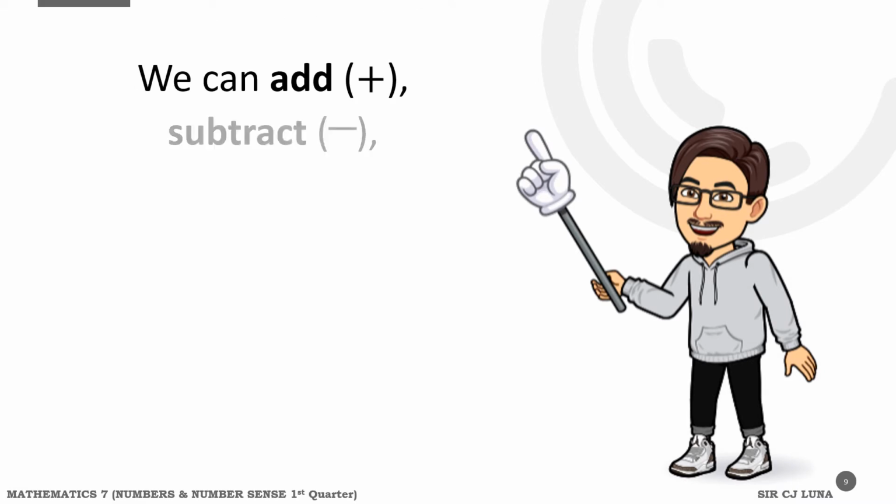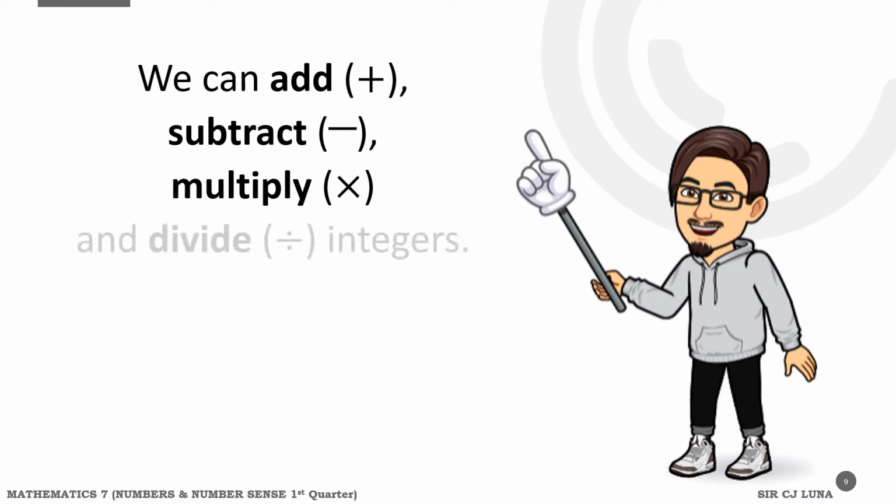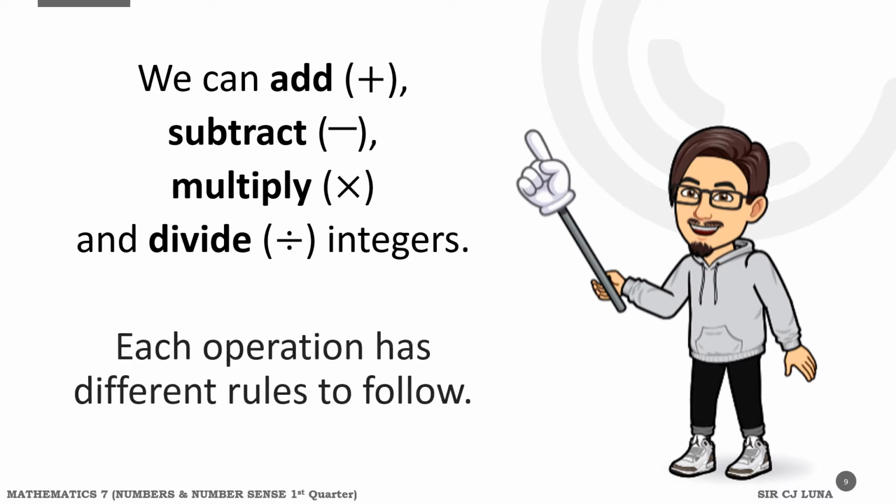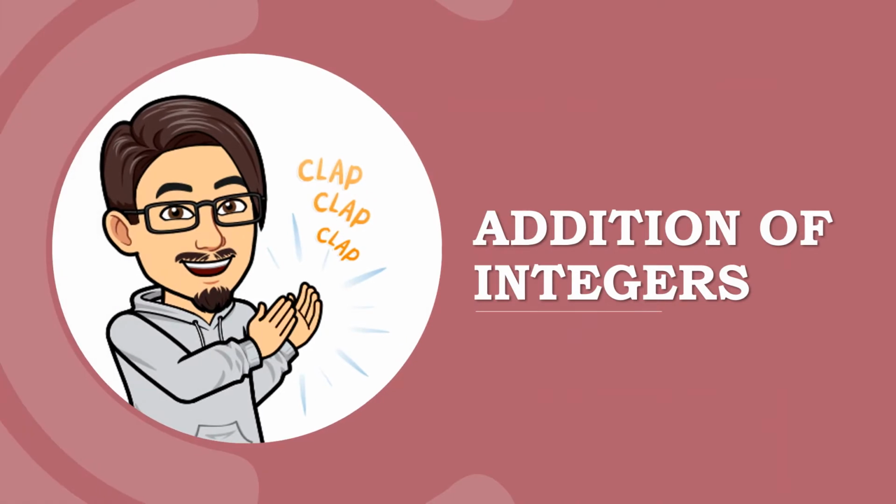We can add, subtract, multiply, and divide integers. Each operation has different rules to follow. Let us have first addition of integers. Kapag tayo ay nag-a-add ng dalawang integers, meron tayong mga rules na sinusunod.